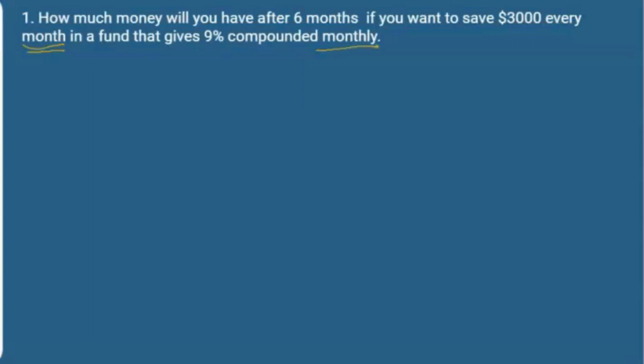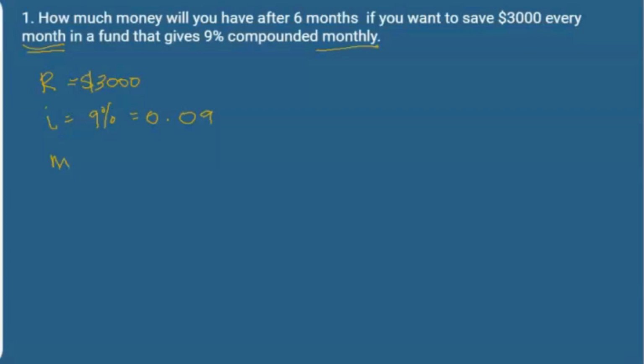So let's identify our givens. The regular payment is $3,000. The interest is 9%, so changed to decimal, that's 0.09.